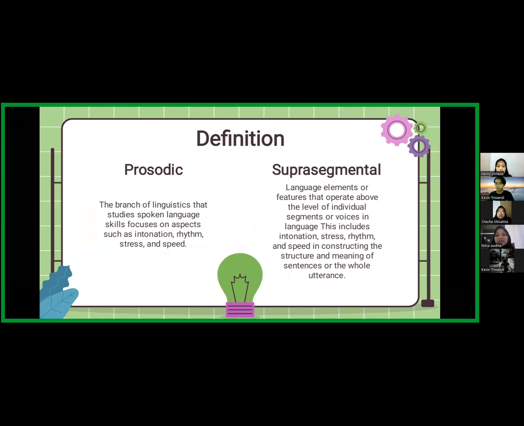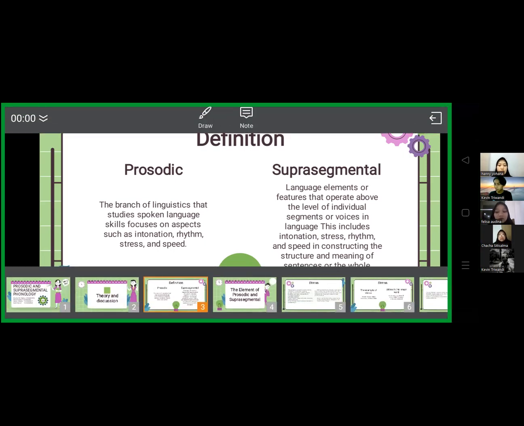And suprasegmental means language elements or features that operate above the level of individual segments or voice in language. This includes intonation, stress, rhythm, and speed in constructing the structure and meaning of sentences or the whole utterance.